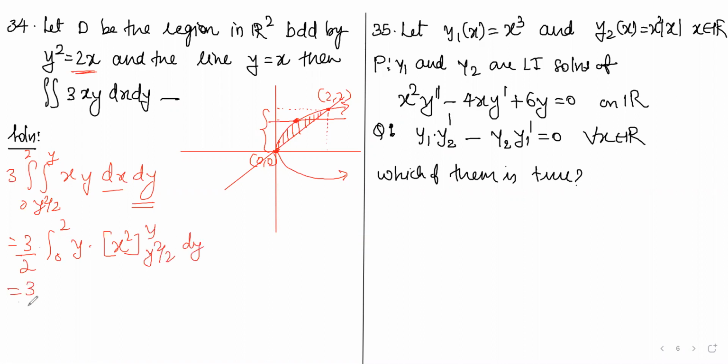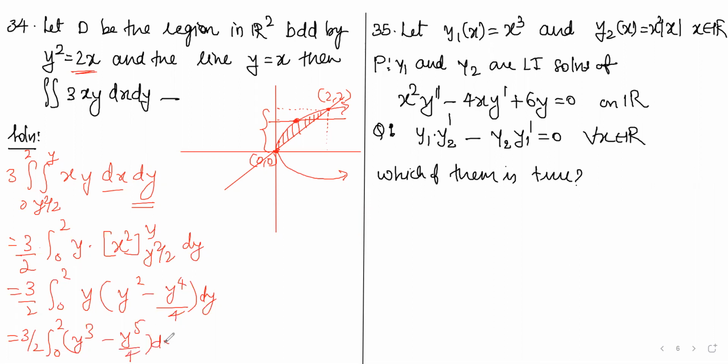That will give me 3 by 2 integral 0 to 2 of y times y square minus y power 4 over 4, dy. So let's integrate: 3 by 2, integral 0 to 2, of y cube minus y power 5 over 4, dy.